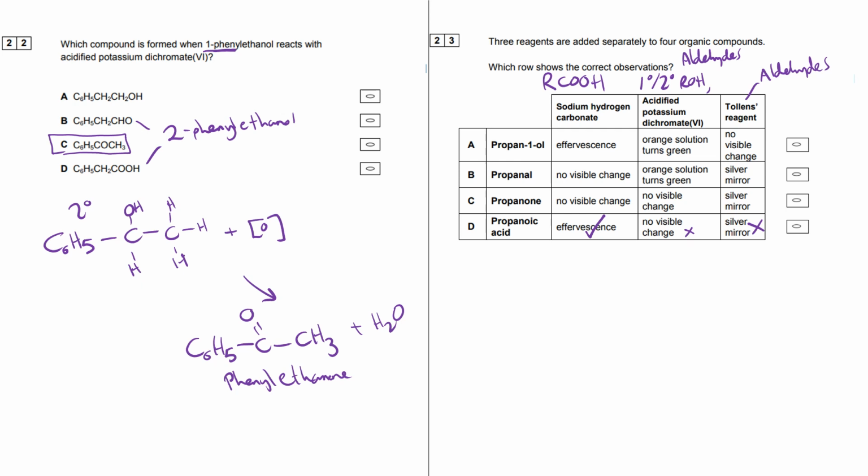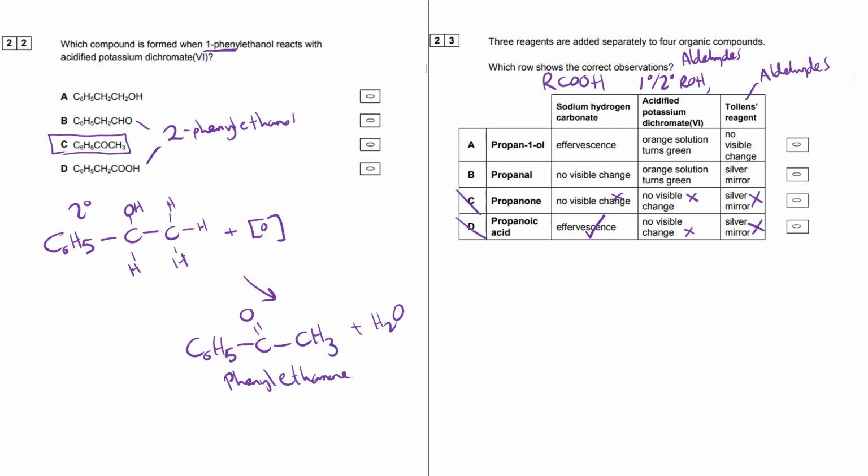So D is incorrect. Propanone would have no visible change with sodium hydrogen carbonate. It would have no visible change with acidified potassium dichromate because it's a ketone, and it would have no visible change with Tollens' reagent. So C is incorrect.